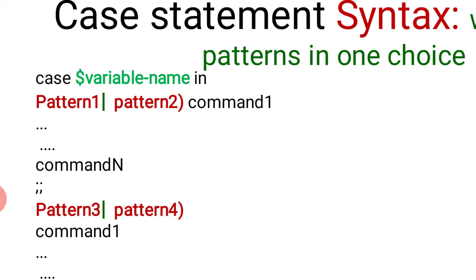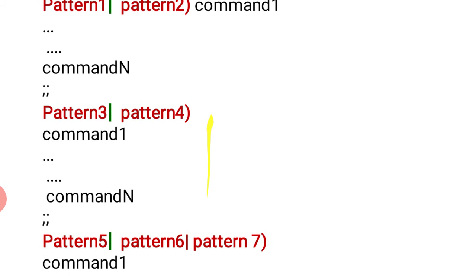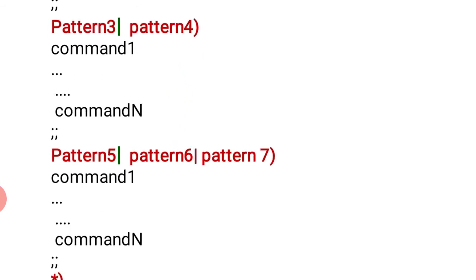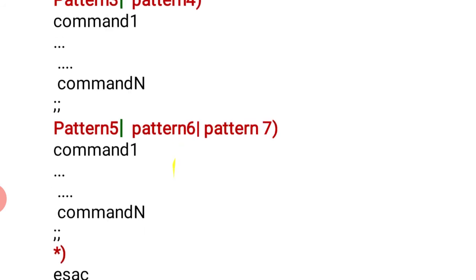If pattern 1 or pattern 2 matches, the commands from command 1 to command n will be executed. In the second choice, if either pattern 3 or pattern 4 matches, then this part of the commands will be executed. If pattern 5, pattern 6 or pattern 7, any of the patterns matches, then these commands will be executed.